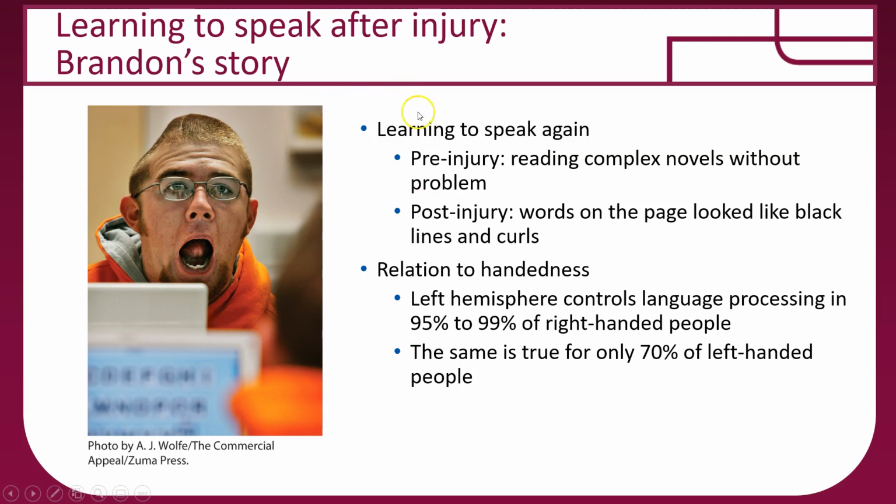In the book, you'll also read about Brandon, who had damage to his brain, and you can learn to speak again. The brain has quite a bit of plasticity, or the ability to reorganize, more so than we thought, actually.